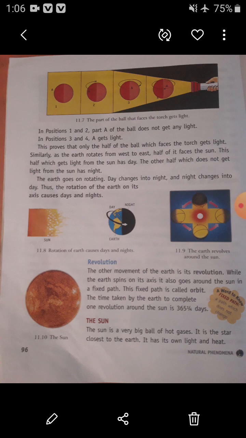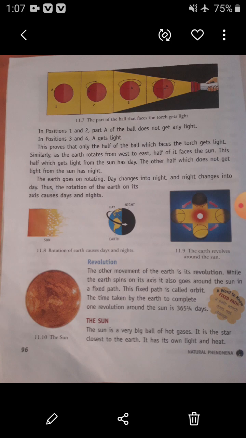Thus the rotation of the Earth on its axis causes days and nights. So students, if someone asks you what the rotation of Earth causes, you can say that the rotation of Earth on its axis causes day and night.